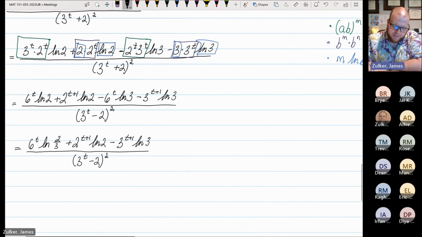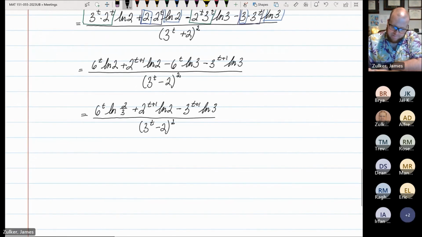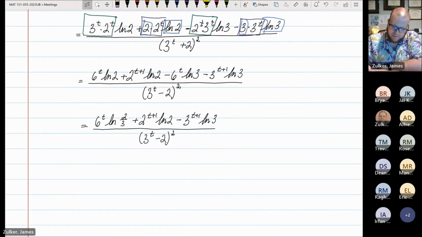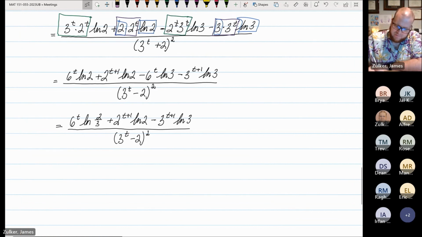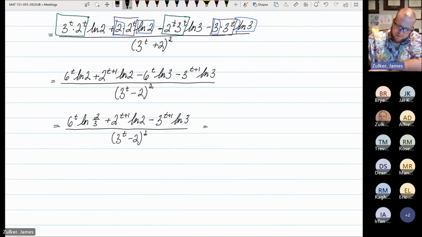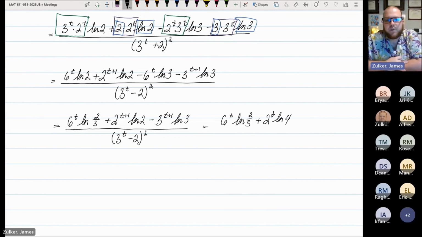So alternatively, we could write 2 to the t log of 2 squared, which is 4, minus 3 to the t log of 3 cubed, which is 27.